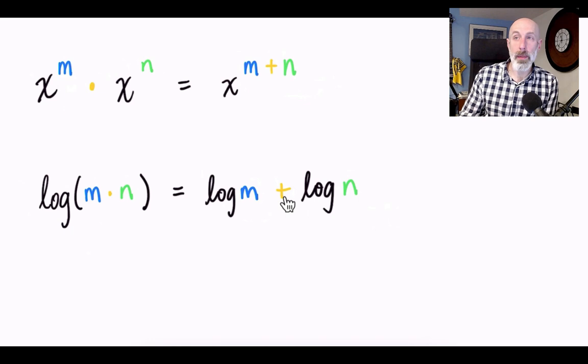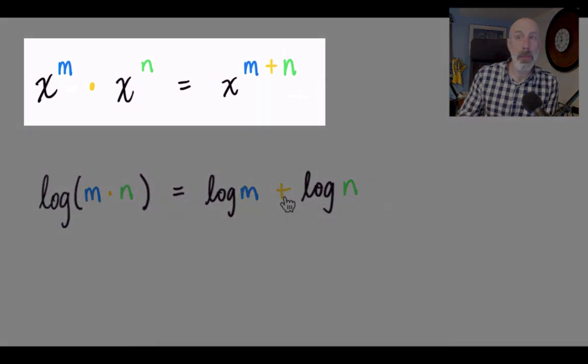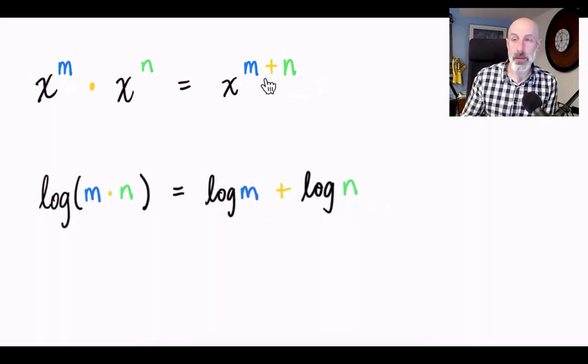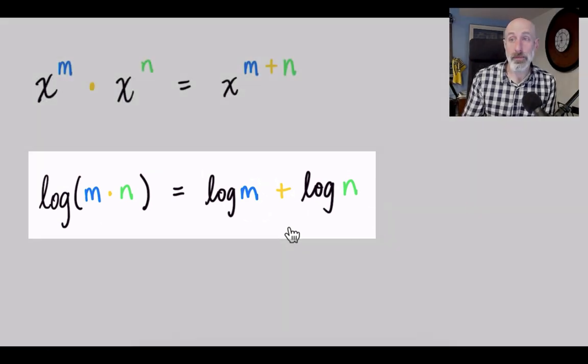And we can do the same thing with the logarithms. What's notable about it is here we have 2 separate bases being multiplied, and it turns into a single base being added, and it's backwards for logarithms. Here we have a single logarithm being multiplied, turning into 2 logarithms being added. And the reason for this is because they're inverses.